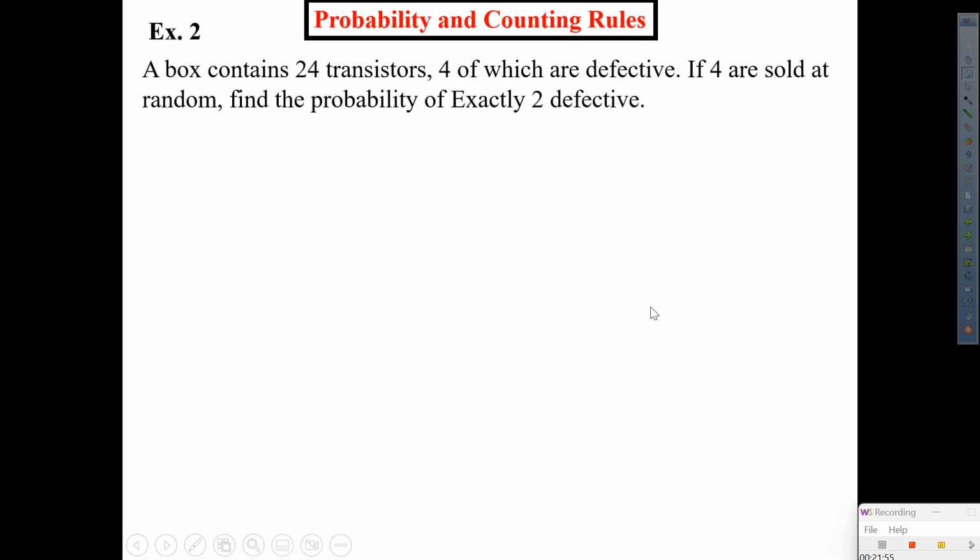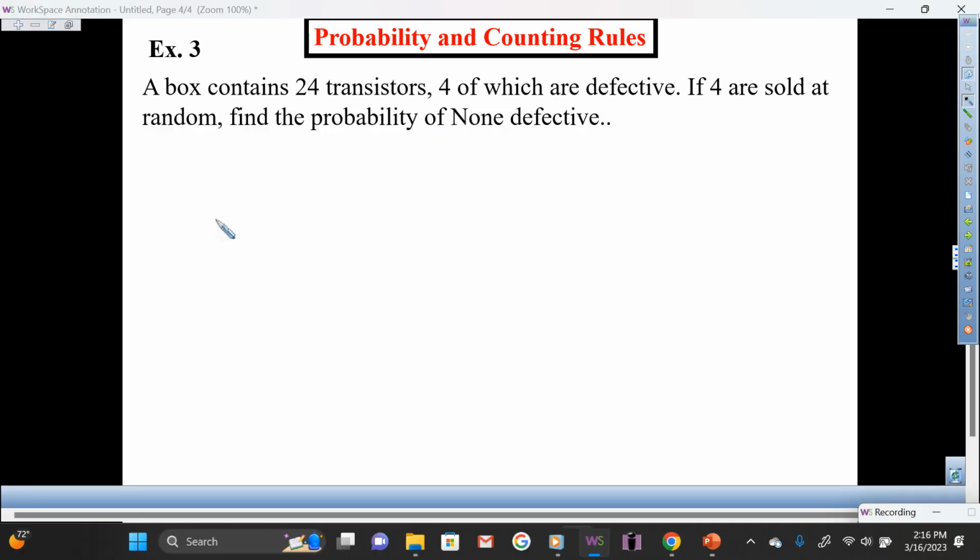All right? And look at this one, example number 3. This is the last one. And it reads the same. It's the same problem except find the probability of non-defective. So let me get you started. Just write example 3 for that same problem that you just wrote down and write P. What are we looking for?